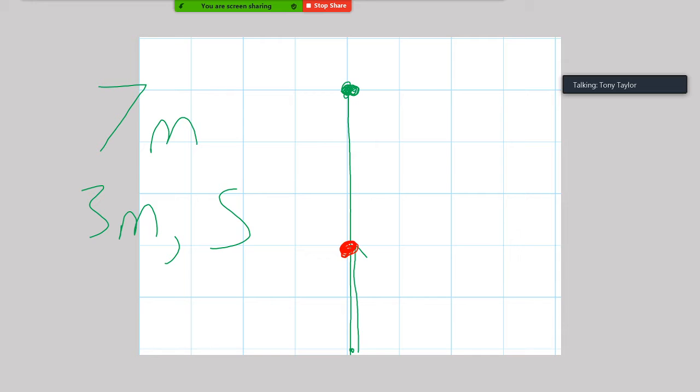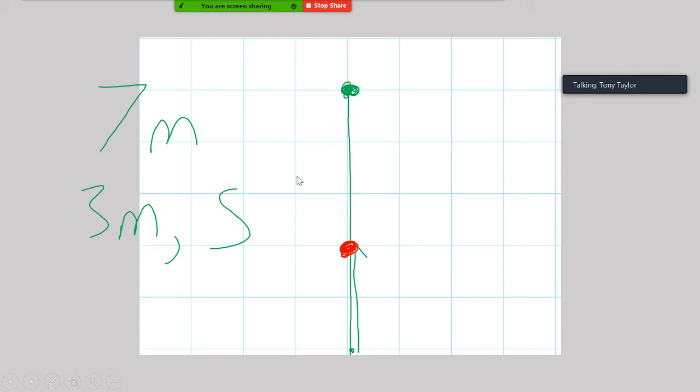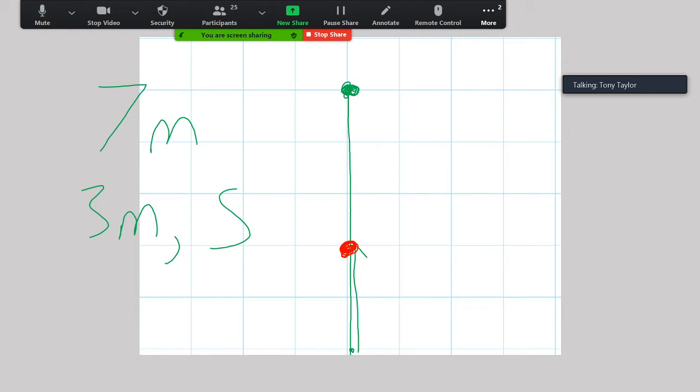So the total ground that I covered was 7 meters. But how far am I out of place from my starting point? Well, there's 3 meters between this point and that point. And notice my ending point is to the south of my starting point. So that's why I say 3 meters south is my displacement.